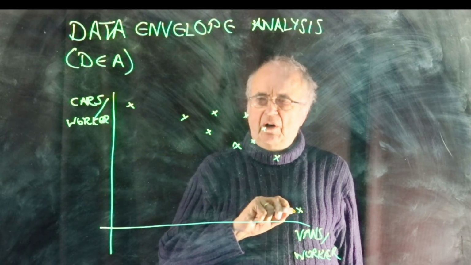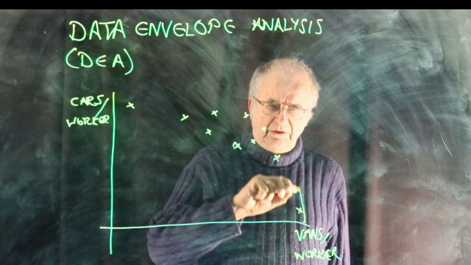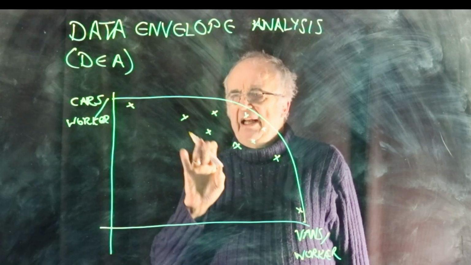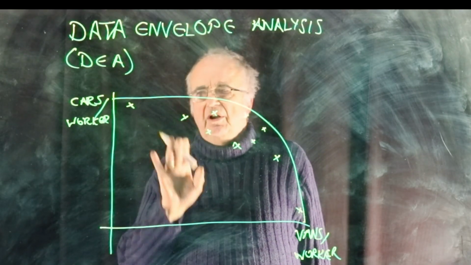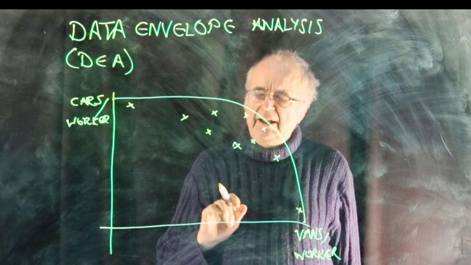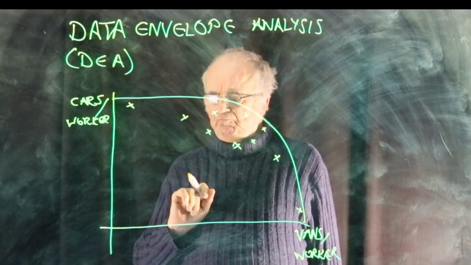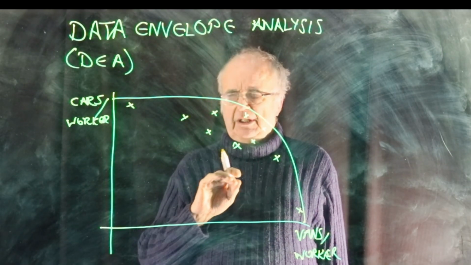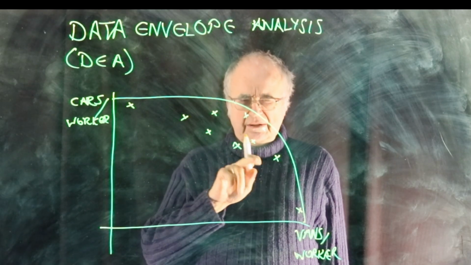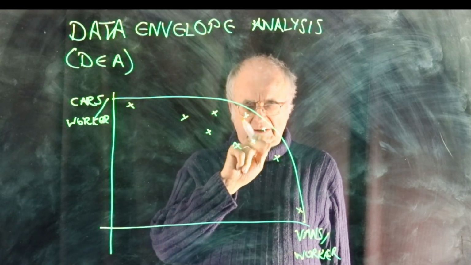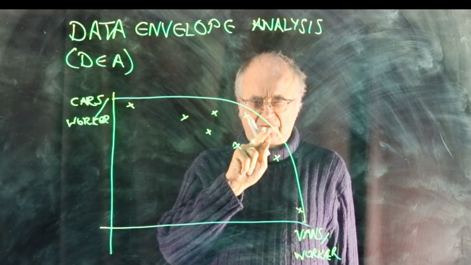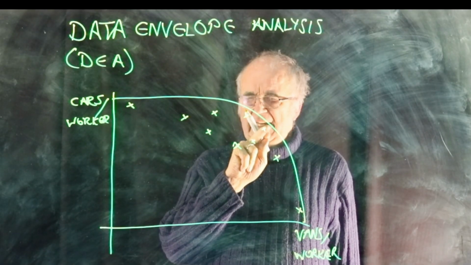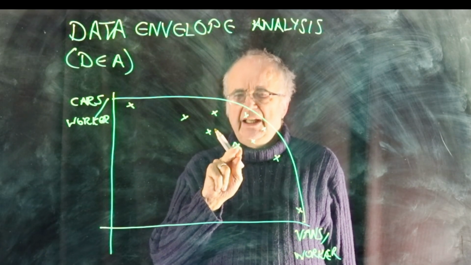We're looking for something like that. The boundary, none of them have got beyond that boundary, but we might say the closer they are to that boundary, this factory here is producing more cars and more vans per worker than this factory here.